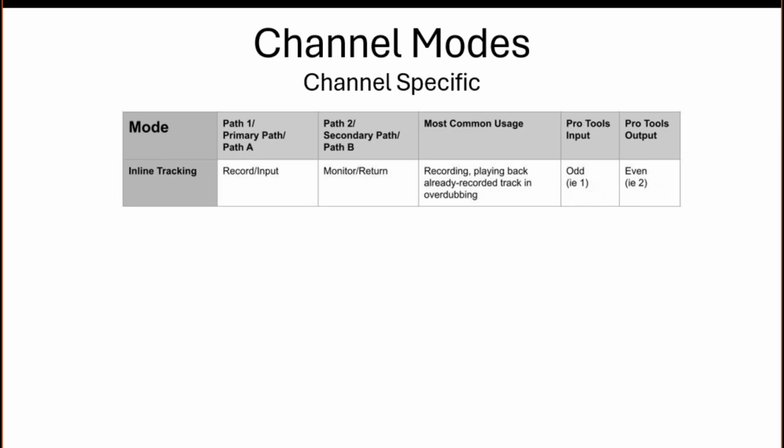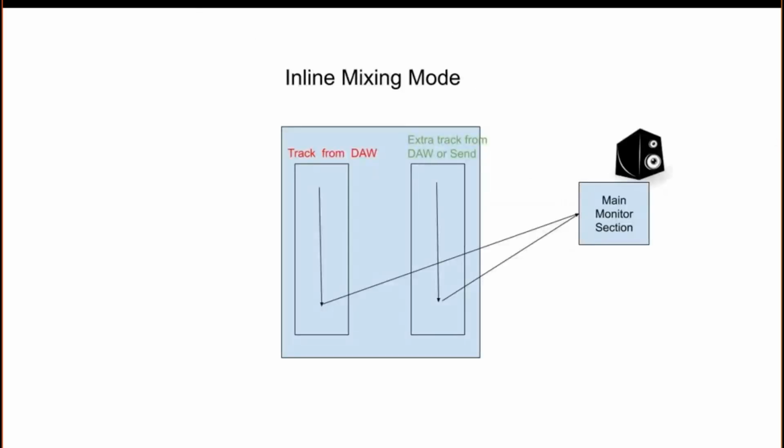Next, let's go into inline mixing mode. This mode is intended for mixing only, and I'm going to keep this description short. This mode gives you the option of an additional send or an additional track from your DAW.